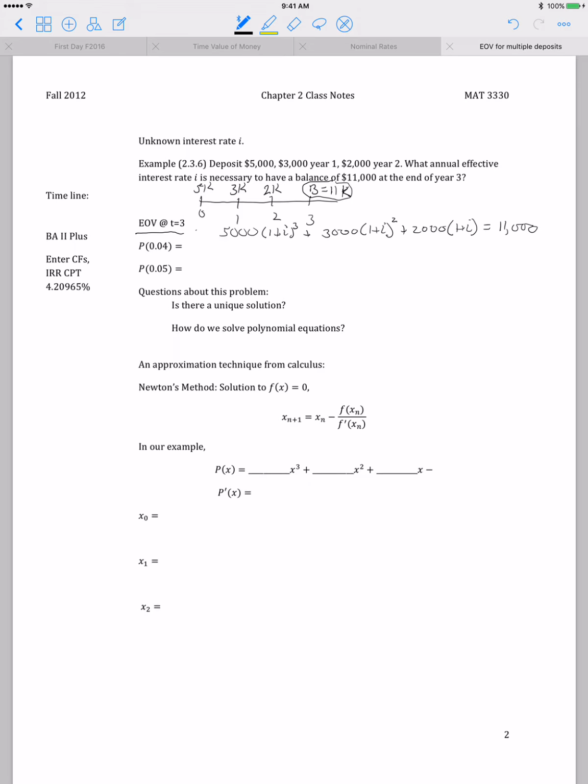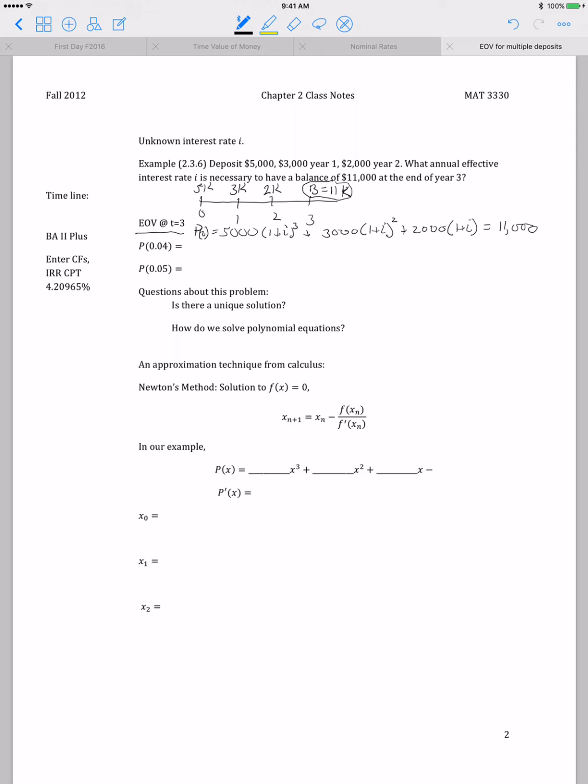Now, the left-hand side I'm going to put in function notation. I'll call it P of i. If we evaluate P at 0.04, so when the interest rate is 4%, we will get a certain value, and you can do that.